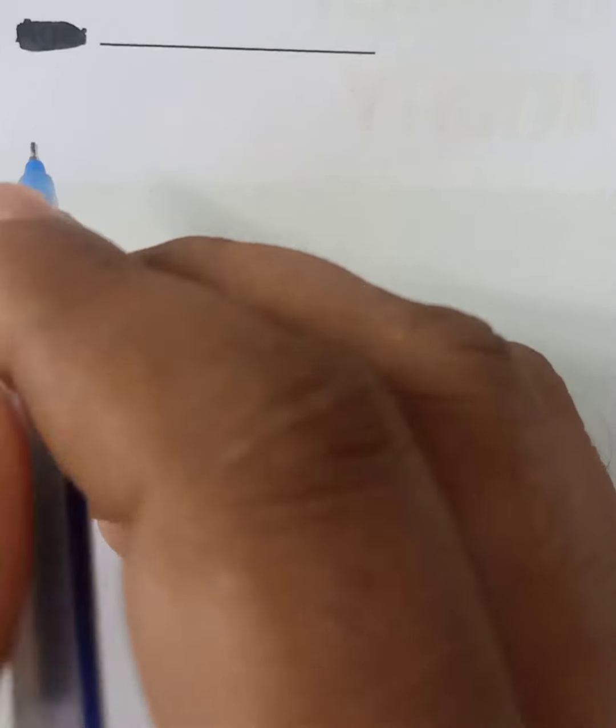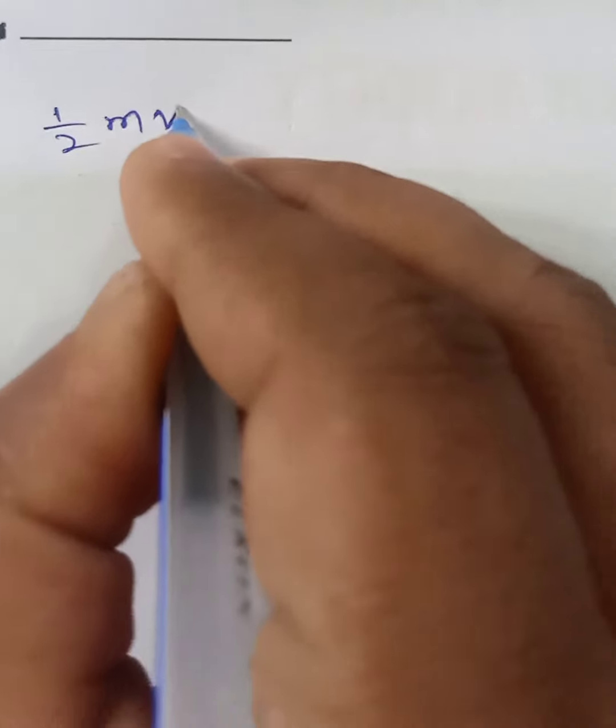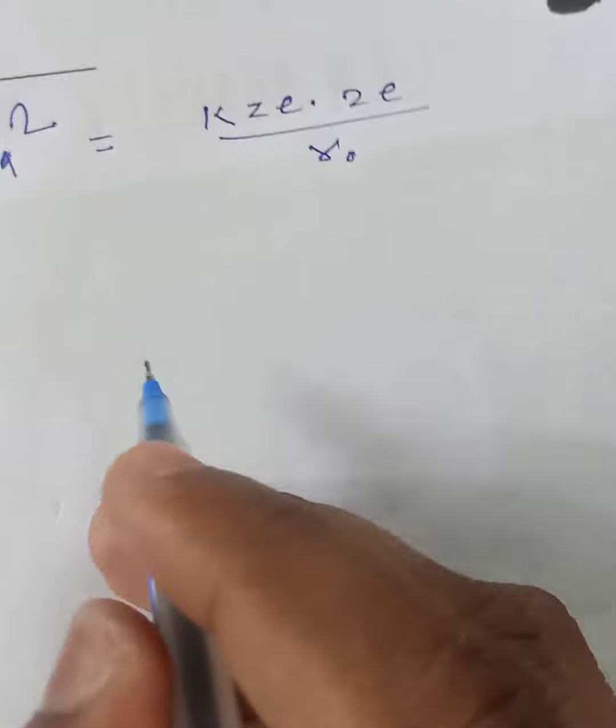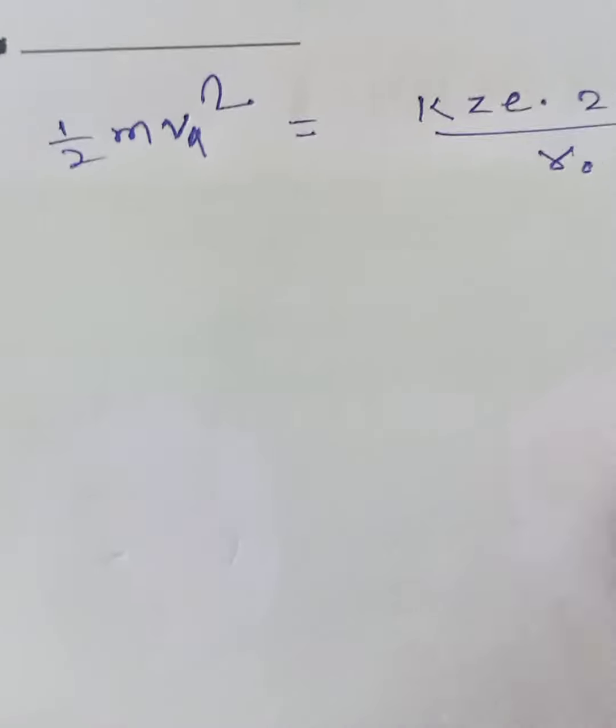So our formula is half m v square is equal to k Z of 2e divided by R0. We have to find the value of R0.